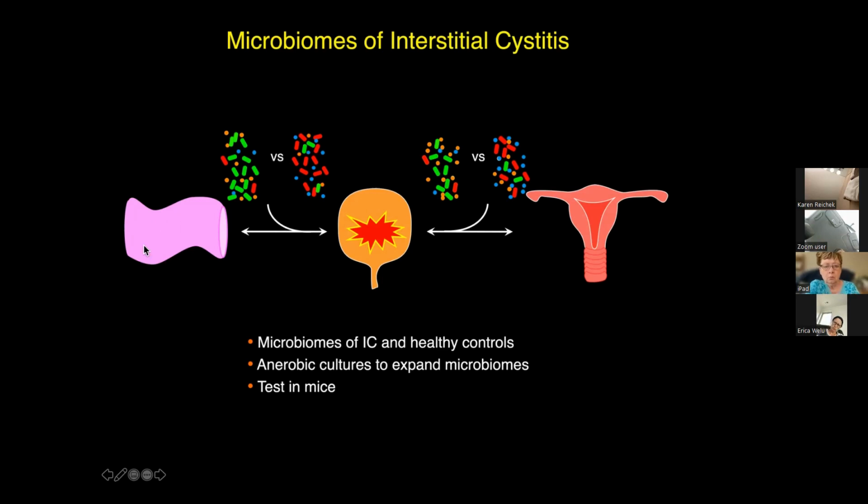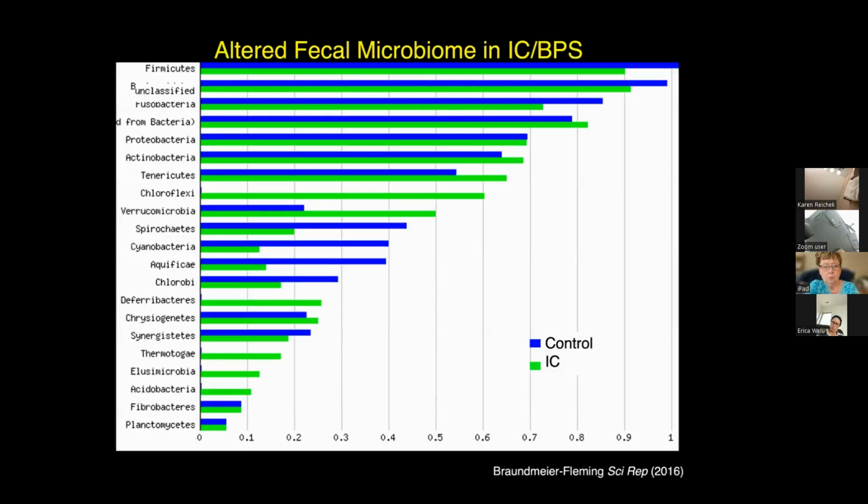So we studied that further and looked at the fecal microbiome of IC patients versus controls. This is a breakdown of large classes of bacteria shown here. For some of them, there's very little difference between IC and control patients.